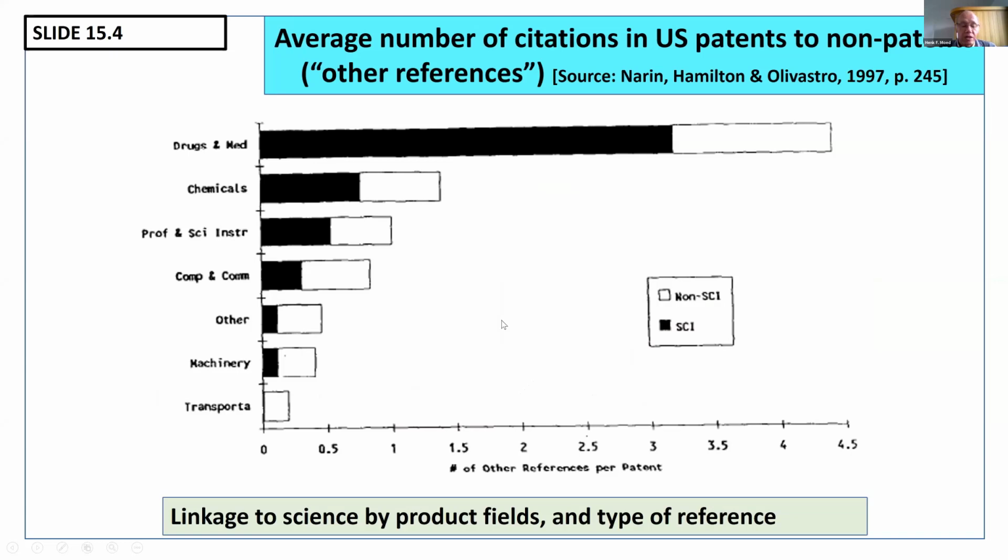And this is shown by me simply to show you that this group has done a lot of work already along the lines of research that I mentioned. And here you see, for instance, that many of these citations in patents to scientific articles take place in the field drugs and medicine.